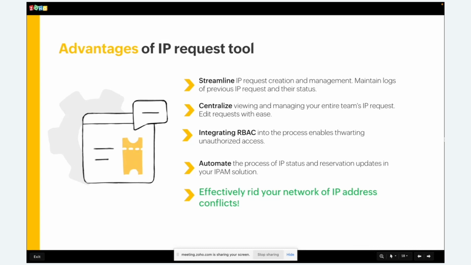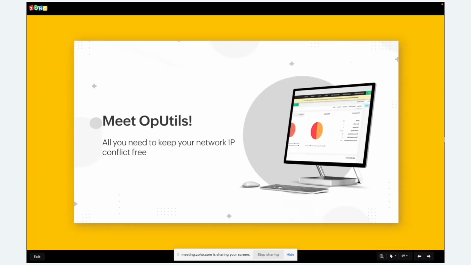Then we have automation, where OpUtils helps you automate marking statically allocated IPs as reserved as soon as an administrator grants an IP request. And the most important advantage is that it helps you effectively rid your network of IP address conflicts. So this is our 3-step simple approach to helping you proactively prevent IP address conflicts in your network.